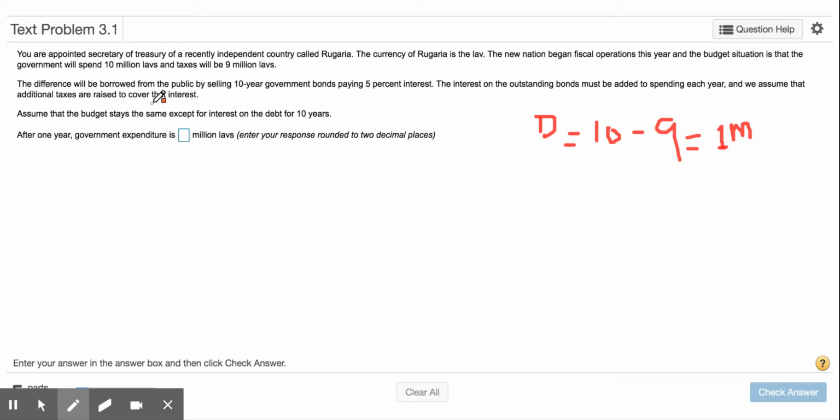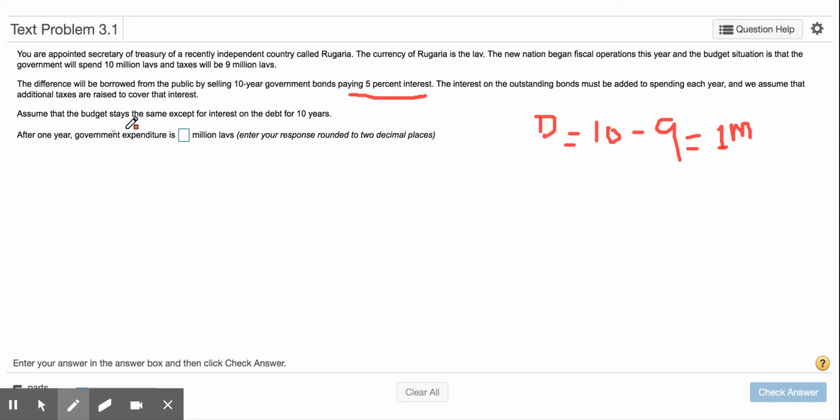Now, the difference will be borrowed from the public by selling 10 years government bonds at 5% interest rate. The interest on the outstanding bond must be added to spending each year, and we assume that additional taxes are raised to cover the interest rate.